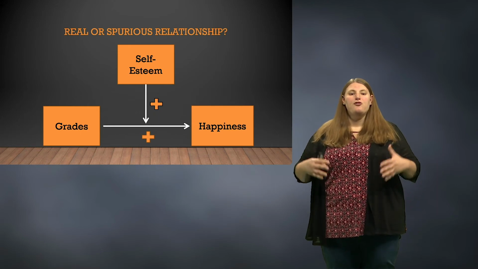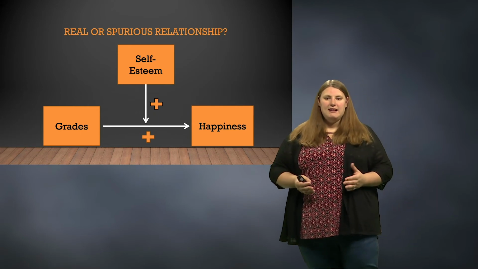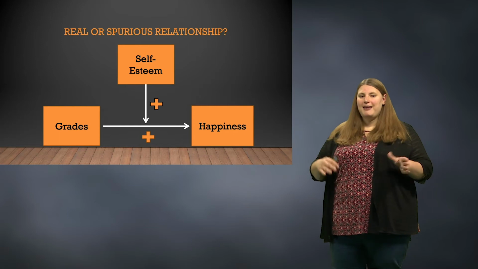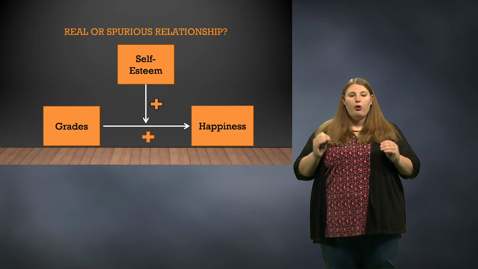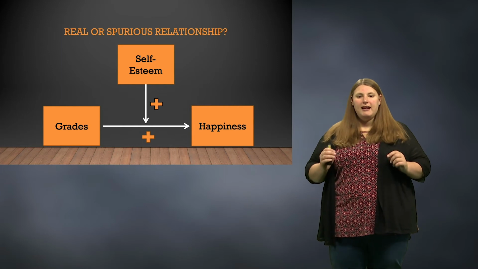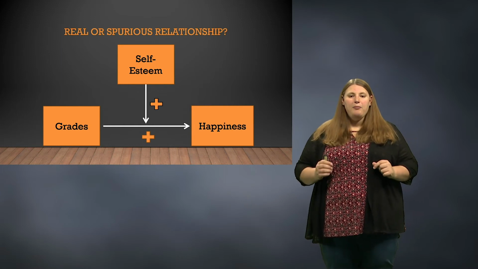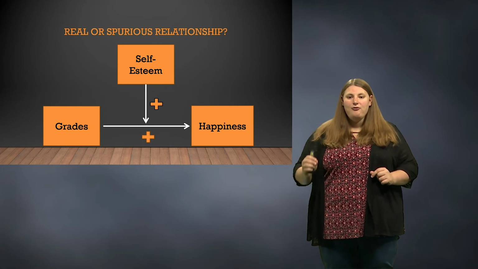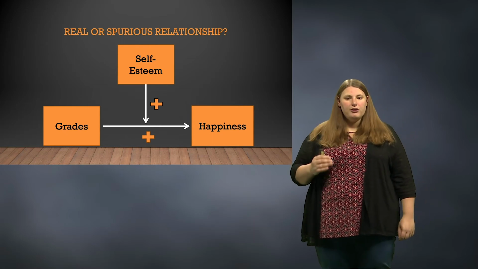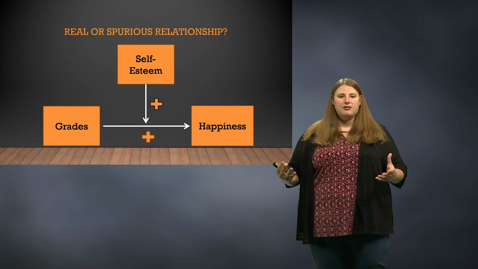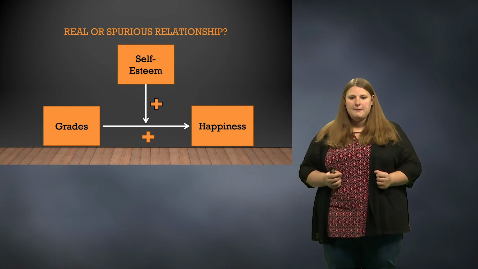So how do I prove non-spuriousness? In order to prove that a relationship is not spurious, you have to measure and account for all possible intervening and confounding variables. That means that you have to consider every other possible cause in your analysis in order to determine whether or not the statistical relationship is non-spurious.